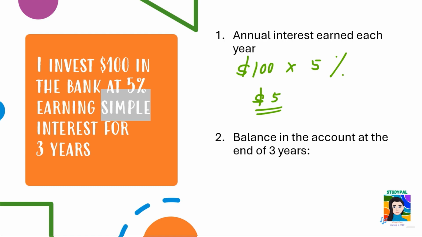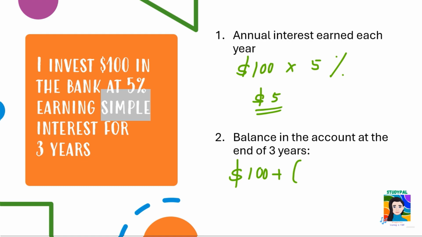Question 2, they're asking for the balance in the account at the end of the third year. The balance will be the principal plus the interest earned throughout. How do you calculate that? So initially in the account we had $100. That plus the interest earned throughout. So at the end of the first year, you have $5 interest earned.